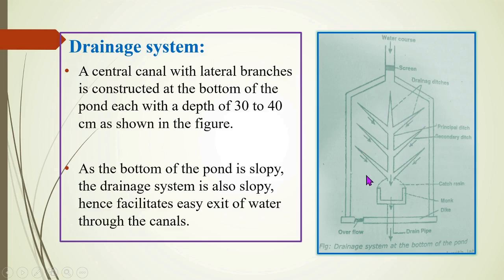This entire canal system is called drainage system and these canals are 30 to 40 centimeters deep. Through these canals the water goes out and finally the water exits through this drain pipe. The bottom of the pond is slopy, so the drainage system is also slopy so that the water can come out easily.